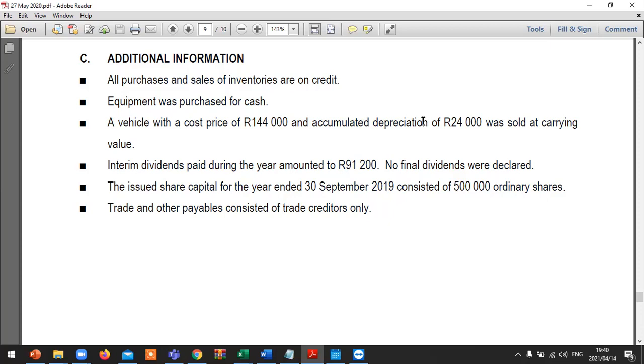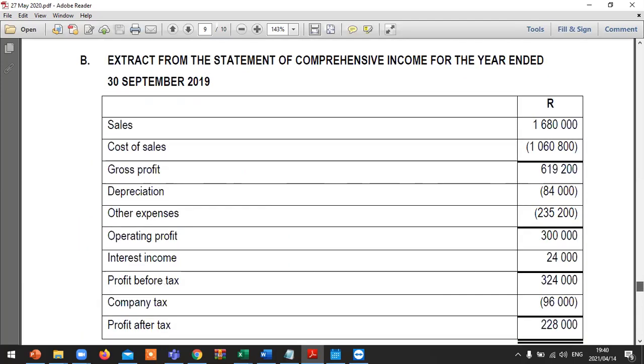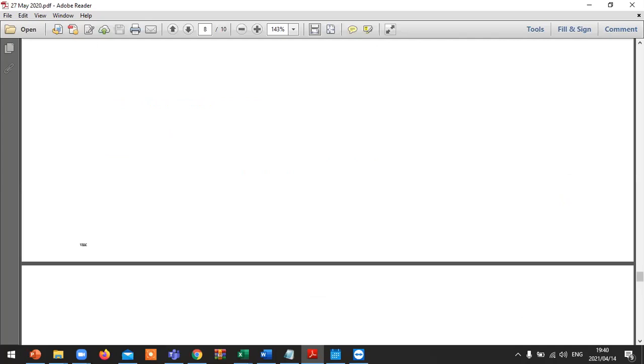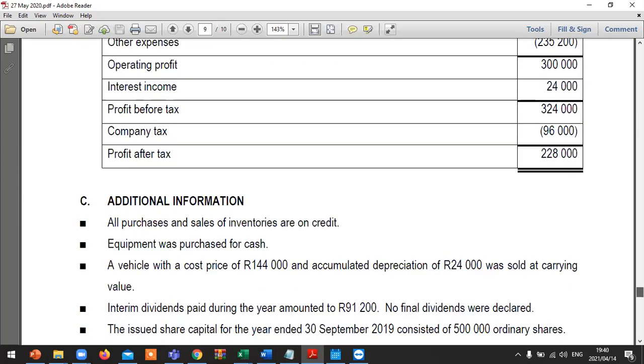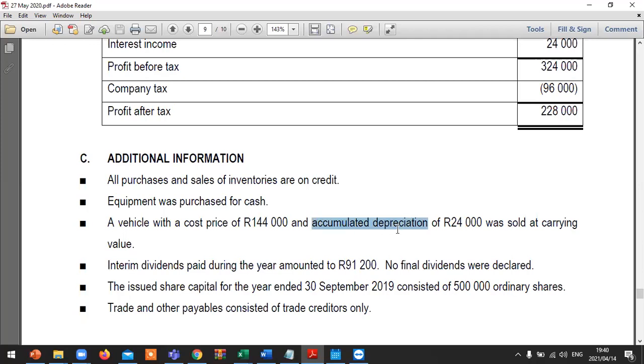It was bought for 144,000, and then during its consumption over the years, it lost a value of 24,000 rands. So when you look at this depreciation here, this is a sum for all your non-current assets. Your equipment is included here, your vehicles are included here. It's a sum of all your fixed assets. So to answer the question in short, this accumulated depreciation does not affect the depreciation. You should not consider it.